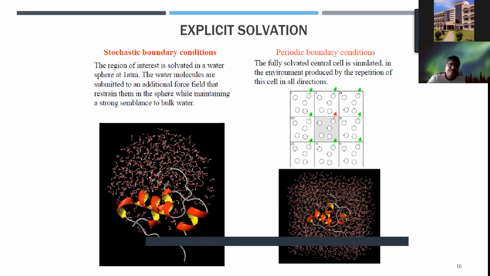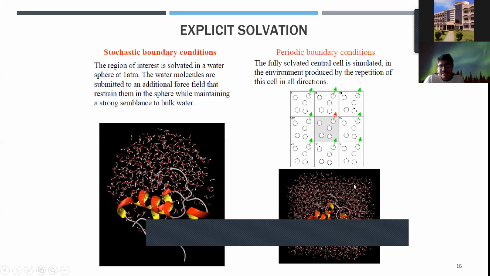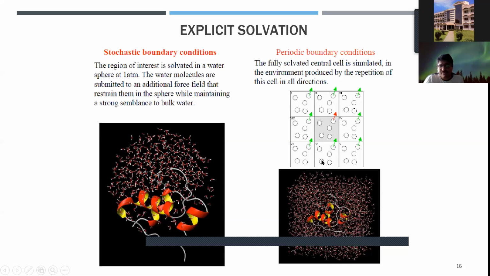But what is more useful is the PBC. In the case of PBC, we immerse the whole protein inside the water molecules, so water is all around. This is a kind of explicit solvation model.